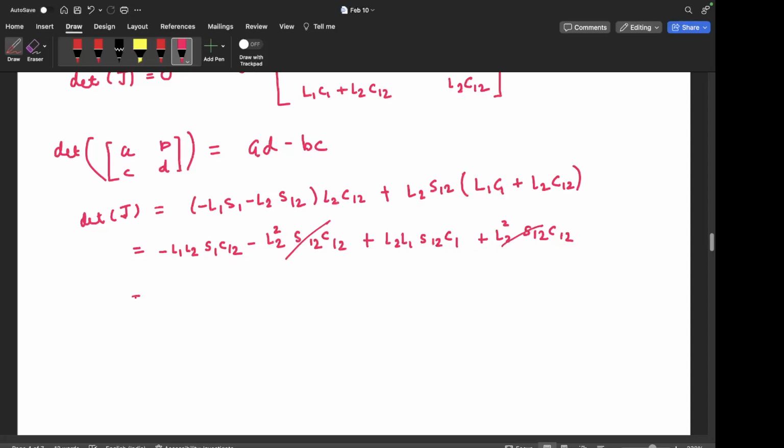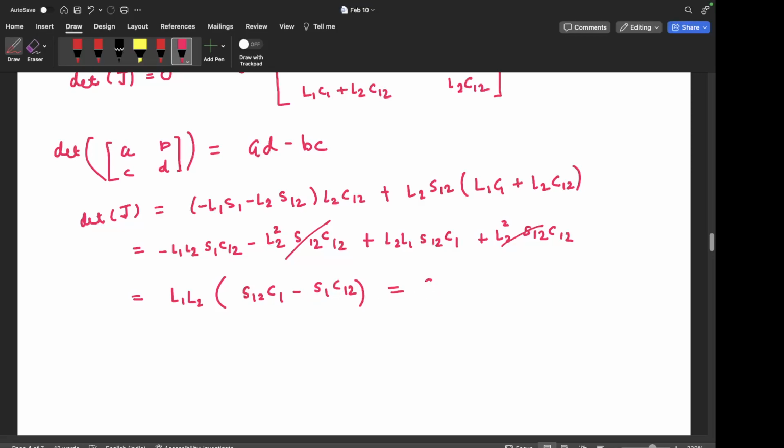What we have is L1 L2 times S12 C1 minus S1 C12. Okay, now again using our trigonometric identities, this is sine A cos B minus cos A sin B, right?